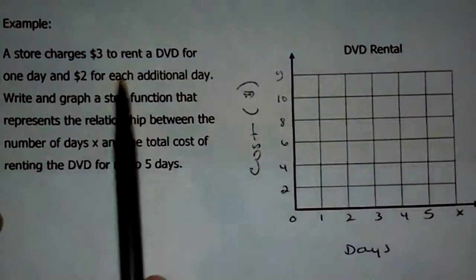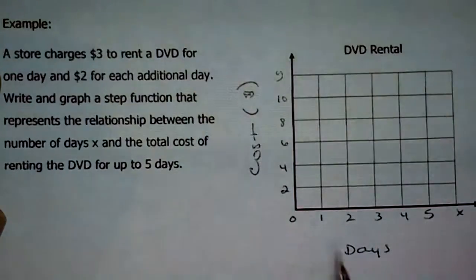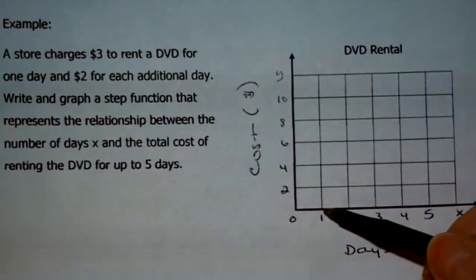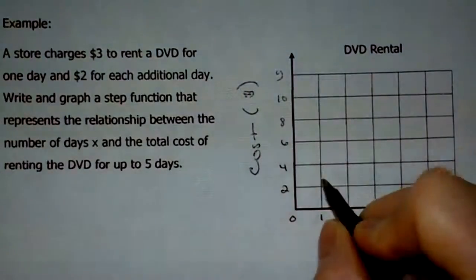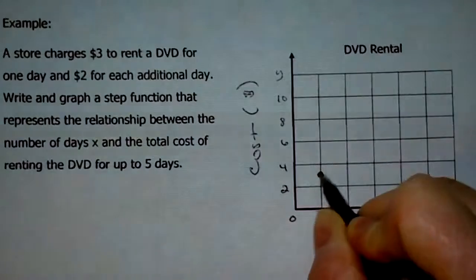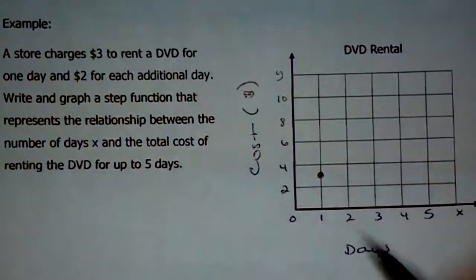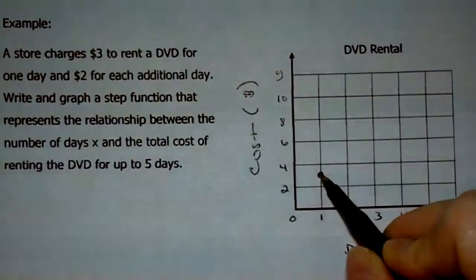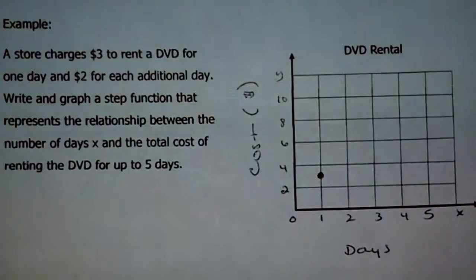So if the store charges $3 to rent a DVD for 1 day, that means on our first day, we're going to pay $3, right? So my amount for the first day can be $3 here. And that's after one full day of watching it. Can you have a movie at home for half of a day?